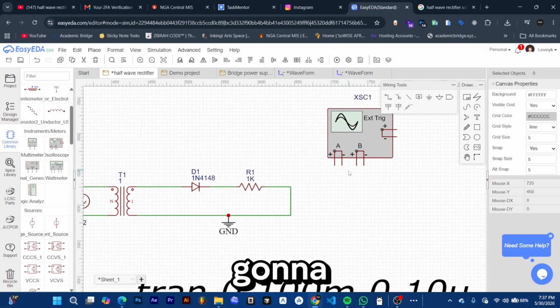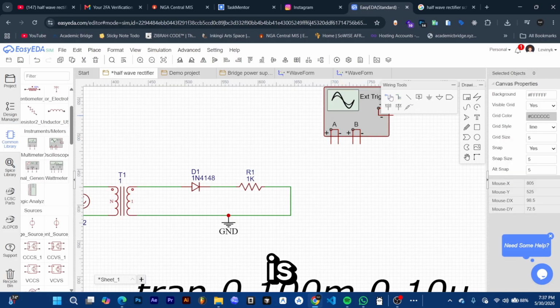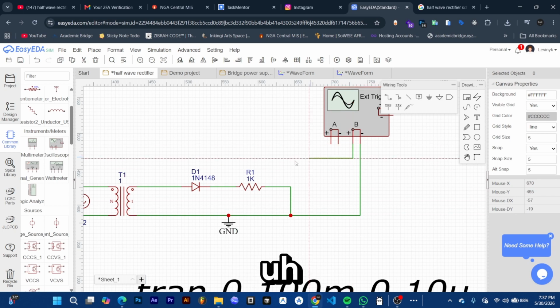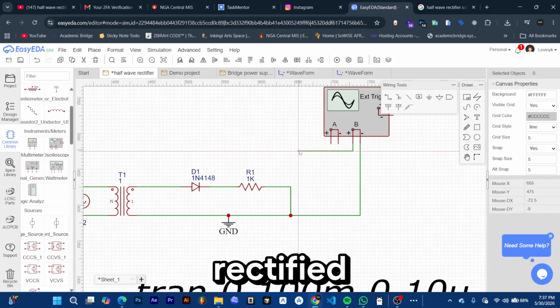So what we're gonna do now for the sine generator is connect channel B directly after the output of the diode. Again, we want channel B to see the rectified output.